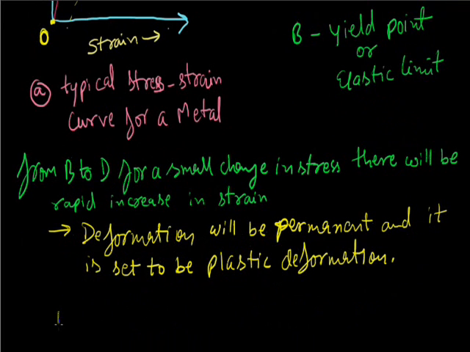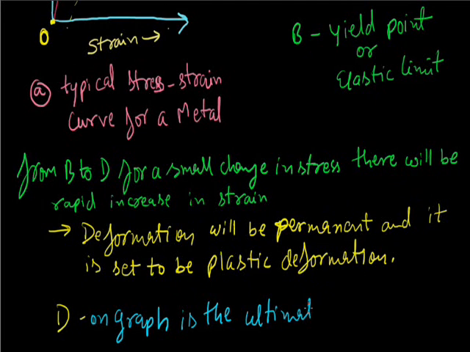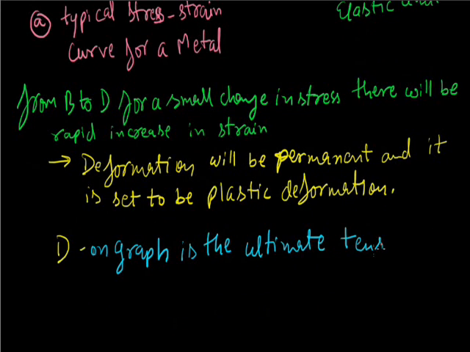Point D on the graph gives us the ultimate tensile strength of the material. It is known as sigma u.